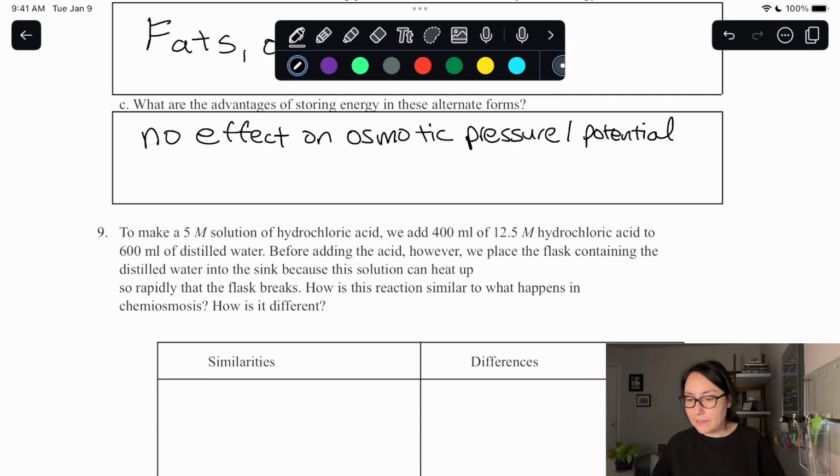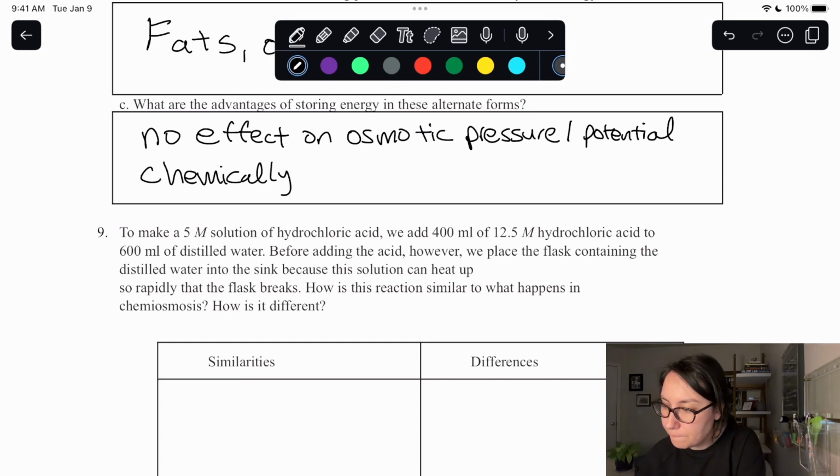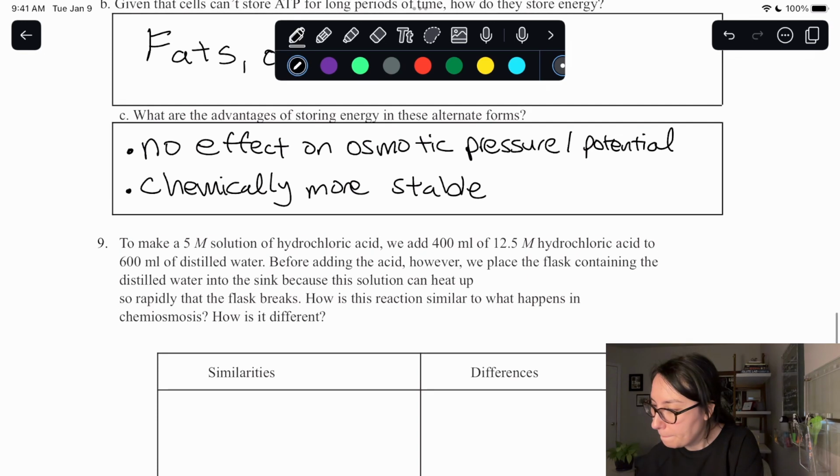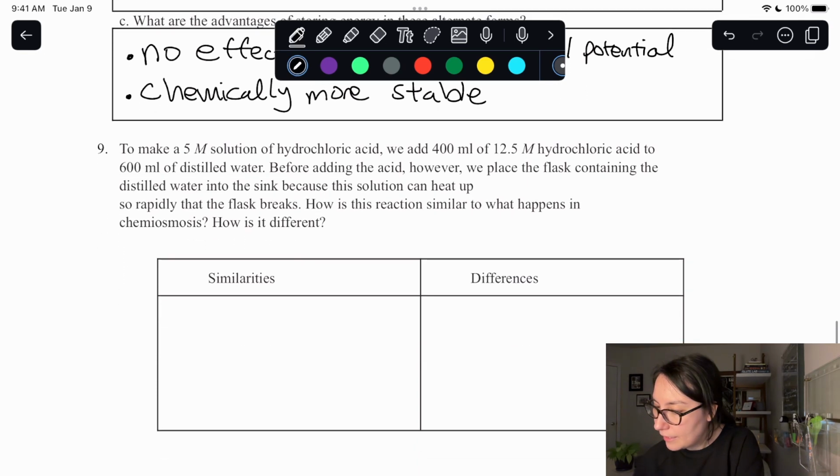And again, like I said before, on a chemical level, chemically more stable. So this would be number one, and here, chemically more stable. And then we can move on.